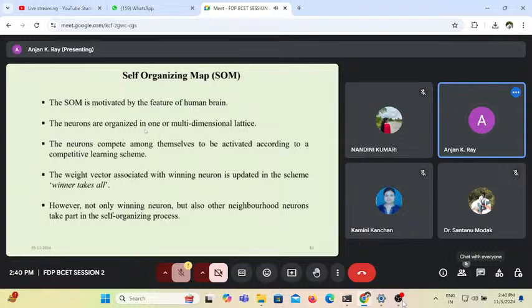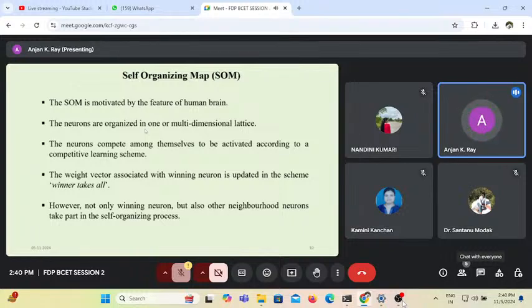Self-organizing map is motivated by the features of the human brain. The neurons are organized in a one or multi-dimensional lattice. And what does it mean? We'll discuss now. The neurons compete among themselves to be activated according to a competitive learning scheme.